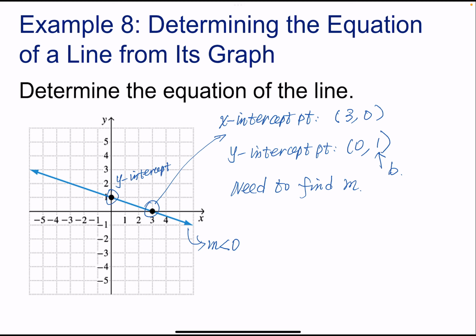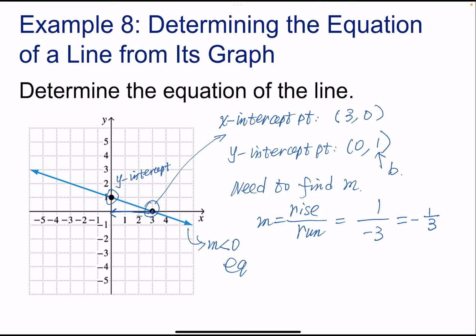Now, m equals rise over run. If we run by negative 3, so we go left from this point, we rise by positive 1. So this tells me the slope equals negative 1/3.